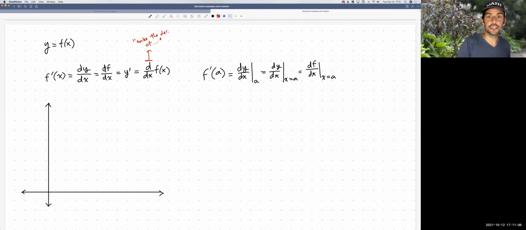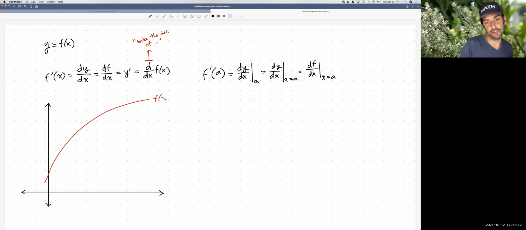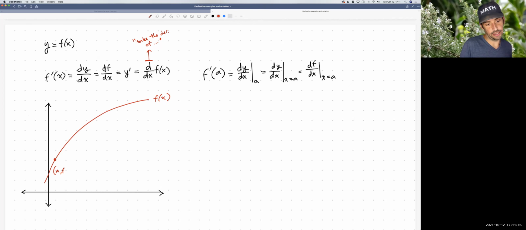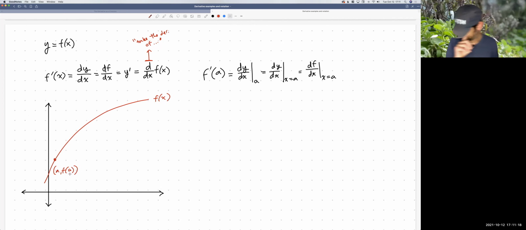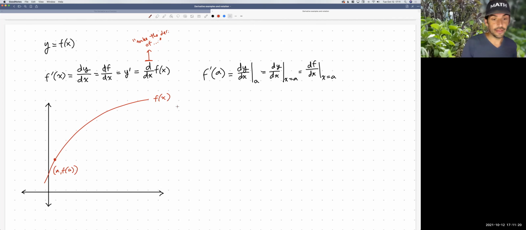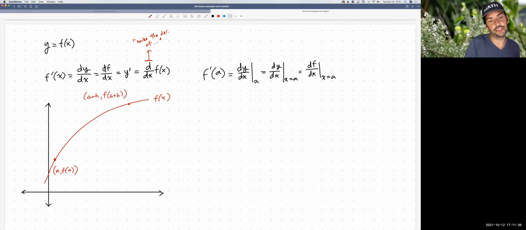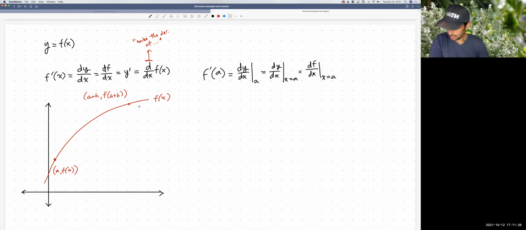So I'll draw a function, call this f of x. Let's pick a point a, f of a. And then we'll have another point a plus h, f of a plus h up there.